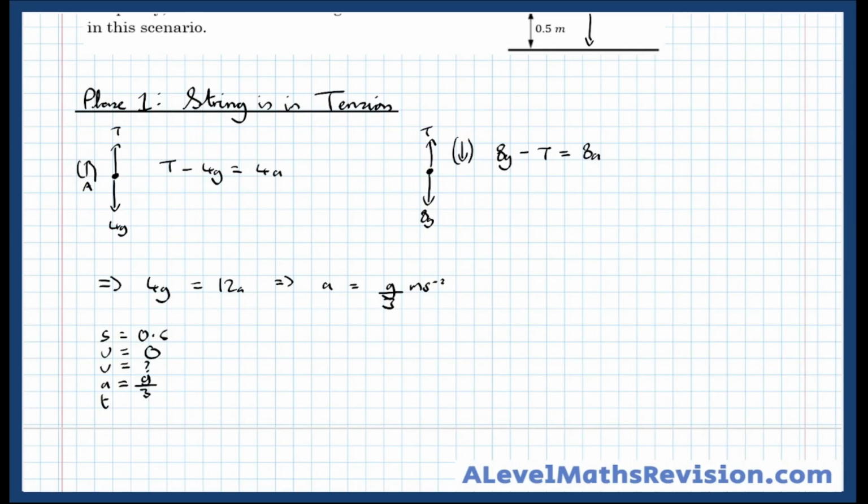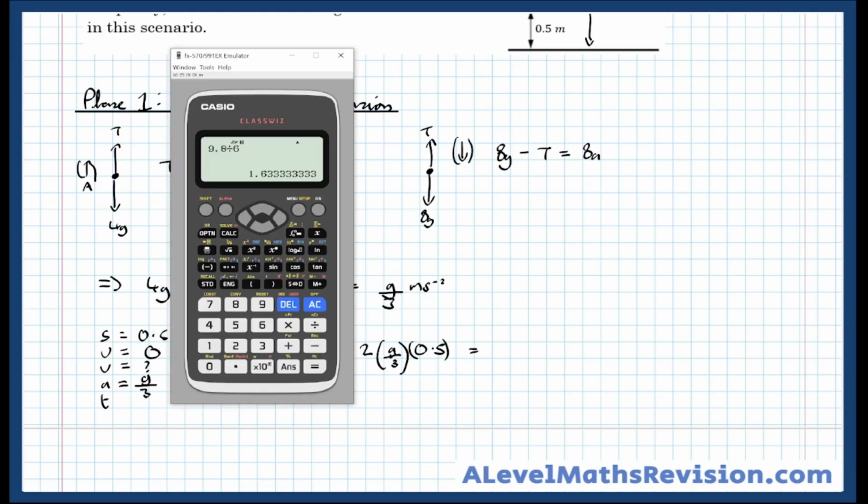So let's now work out what the final velocity is. So S, U, V and A, well, V squared equals U squared plus 2AS will do it. So V squared equals U squared plus 2AS equals 2 times 9.8 over 3 times 0.5, which is 49/15.